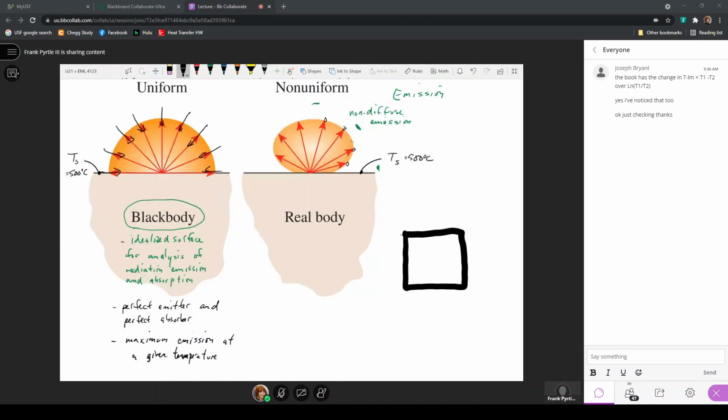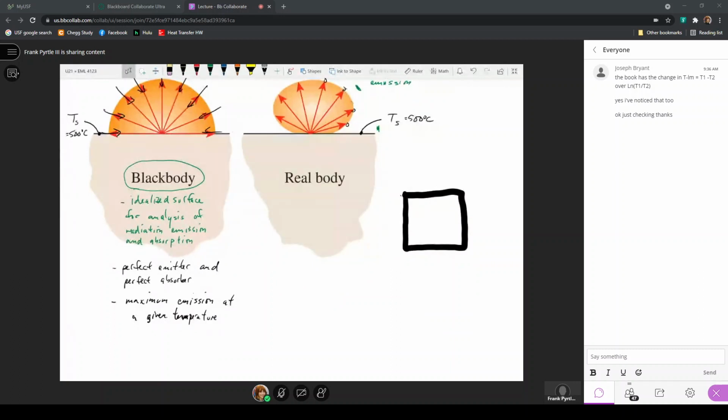Now, the expression for the black body emissive power, that energy that is leaving the surface, here with these red arrows, the emission for a black body surface, E sub B, is just equal to the Stefan Boltzmann constant times the temperature raised to the fourth power.